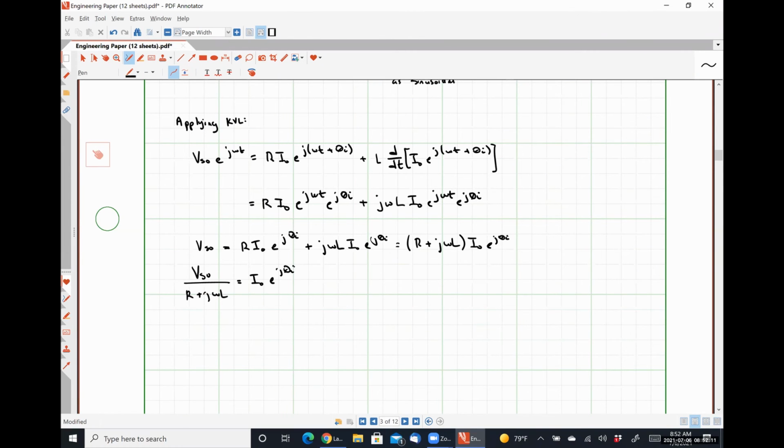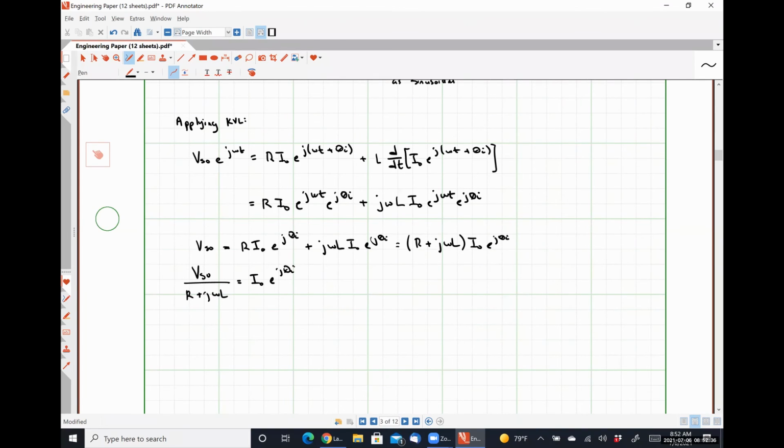And on the right-hand side, we have a polar form or exponential form complex number. And we know that there is equivalency between those two forms, meaning that there's a pretty easy way to relate everything that we have on the left to the magnitude of what we have on the right. And there's a pretty easy way to relate everything that we have on the left to the phase angle of what we have on the right, right?